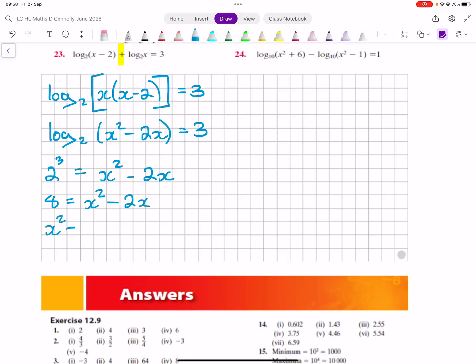So x squared minus 2x minus 8 equals 0. The product is 8, so it's going to be 4 times 2, minus 4 plus 2. So that is x squared minus 4x plus 2x minus 8.